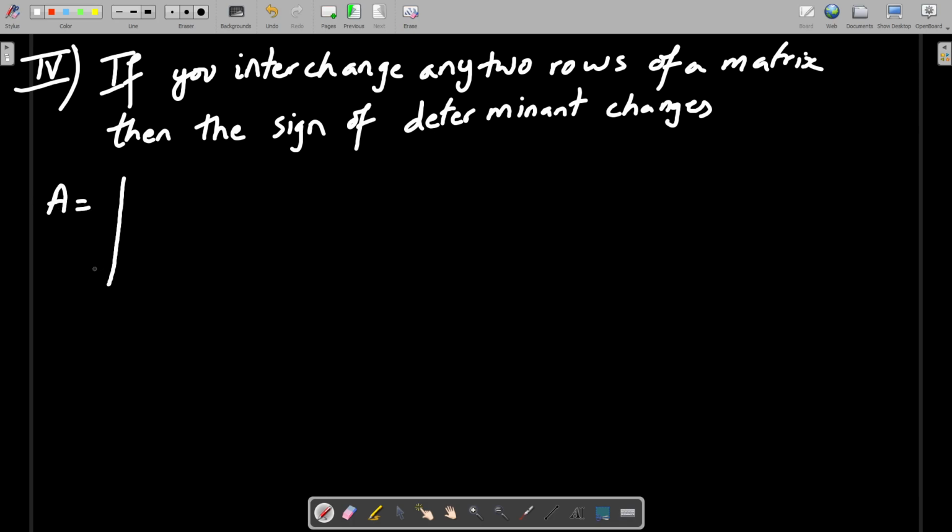I'm purposely doing 3 by 3 examples earlier so that you get practice in solving this. So A is this matrix: 2, 3, 4, 5, 6, 7, 7, 9, 8. We'll have to calculate this determinant first.